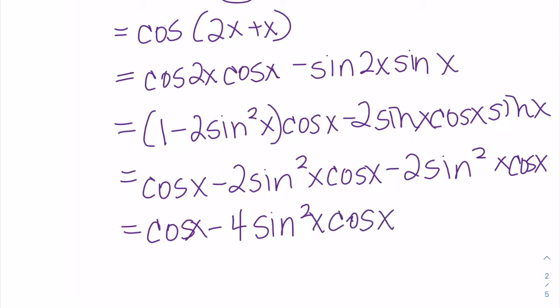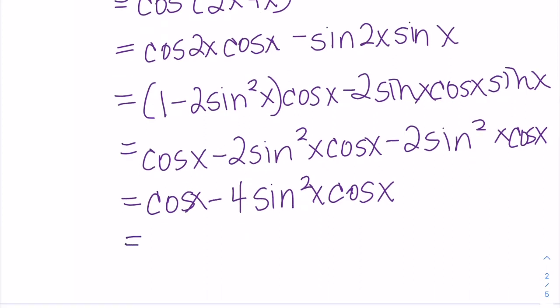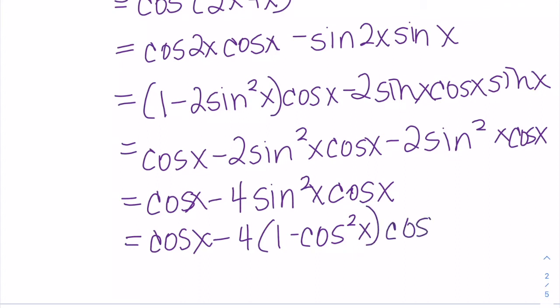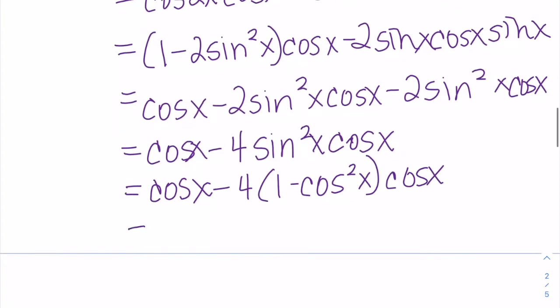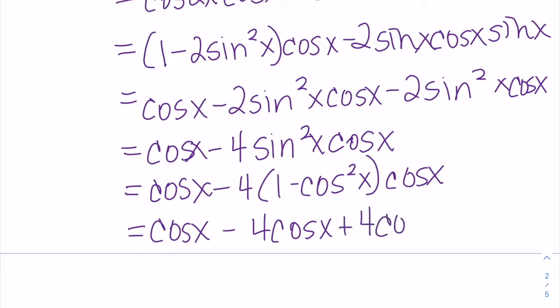We can substitute the sine squared because we want this in terms of all cosines. So what I'm going to do is use the Pythagorean identity. So this is 1 minus cosine squared of x. And now let's just rewrite this a little bit. So we have cosine of x minus 4 cosine of x plus 4 cosine cubed of x.